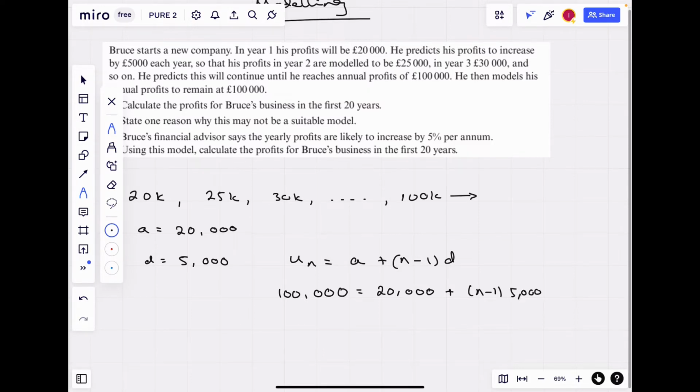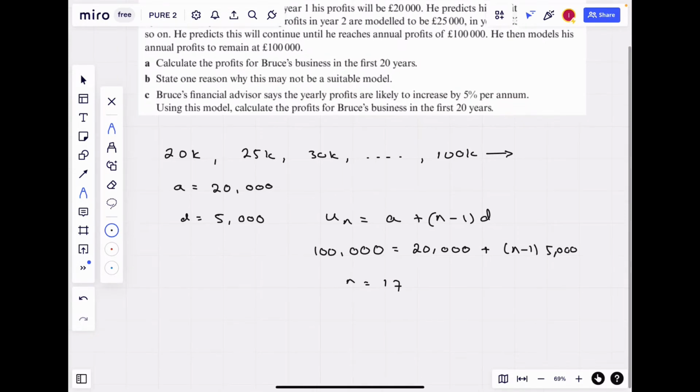When you expand and you simplify, you work out n to be 17, which means for the years 18, 19, and 20, he makes 100,000.